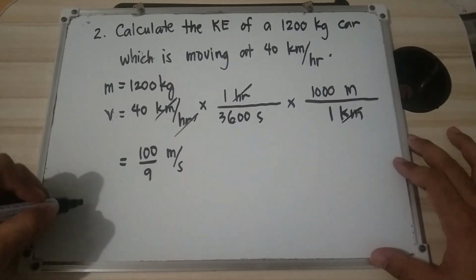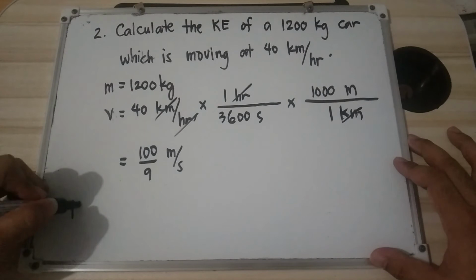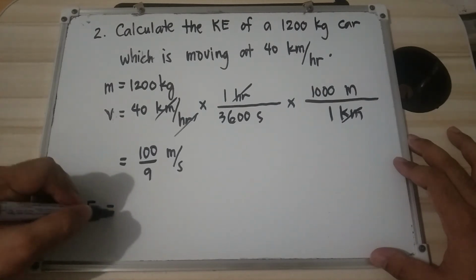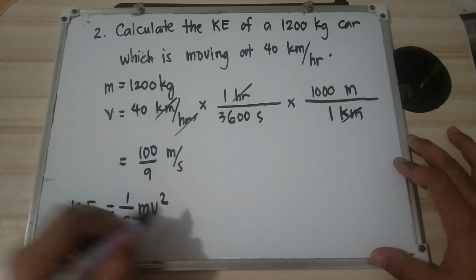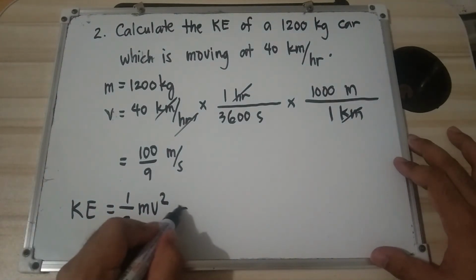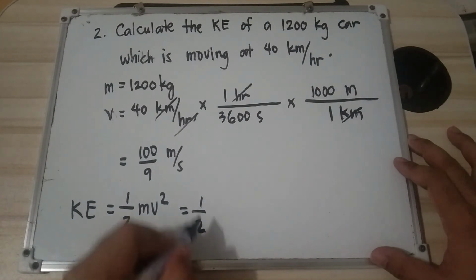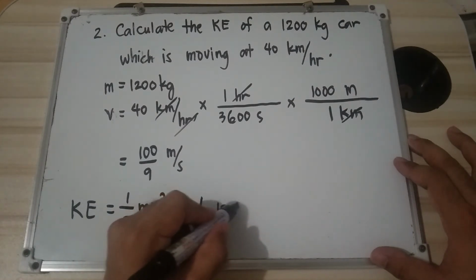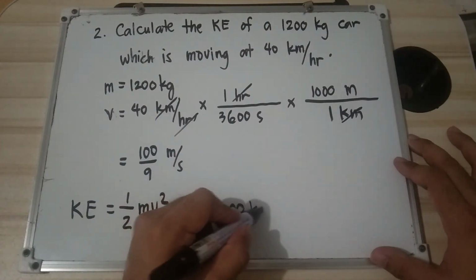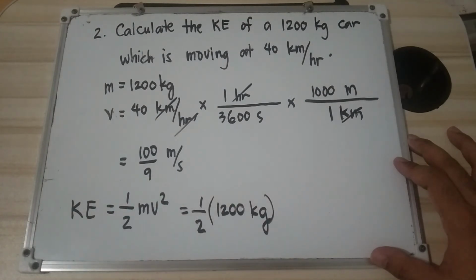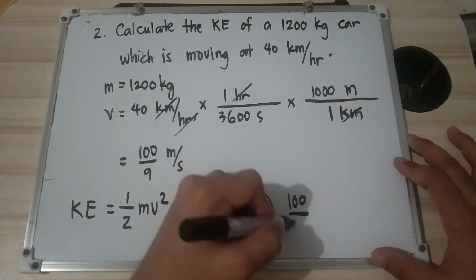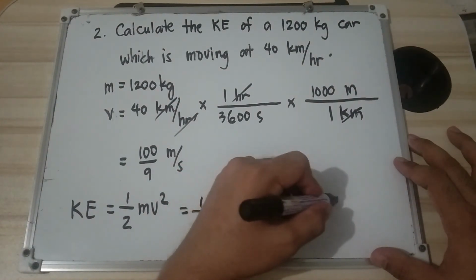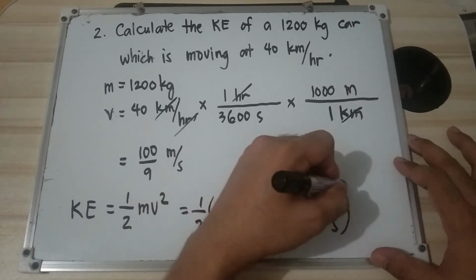Okay, so hinahanap yung kinetic energy. Kinetic energy is equal to 1/2 mv squared. Okay. So 1/2 of mass is 1,200 kilograms times 100 over 9 meters per second squared.